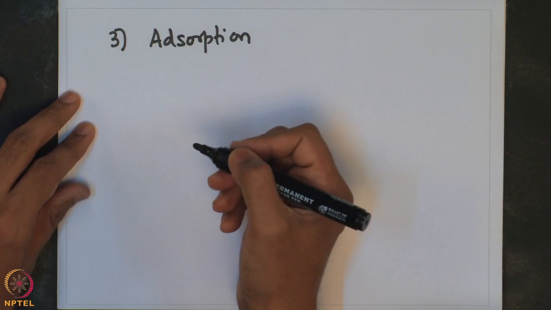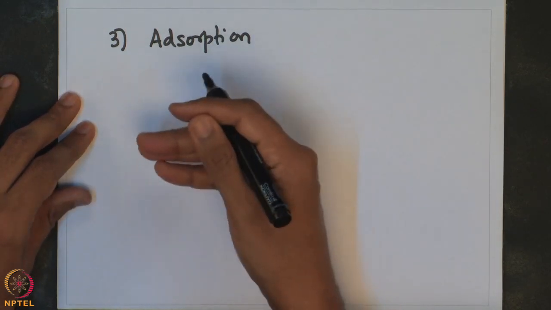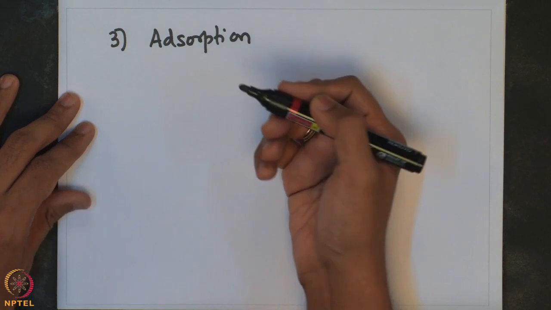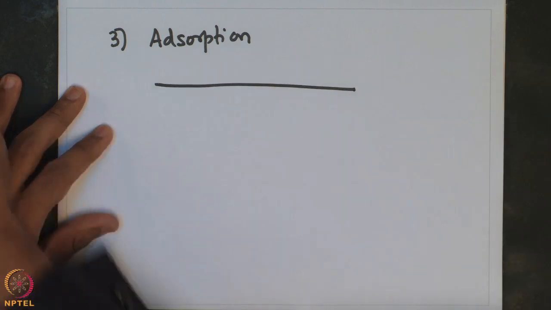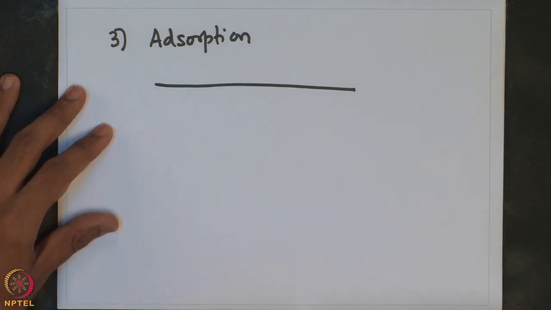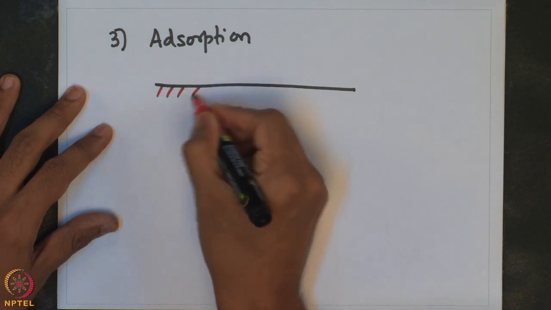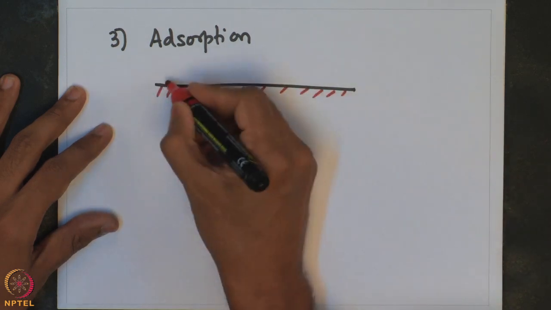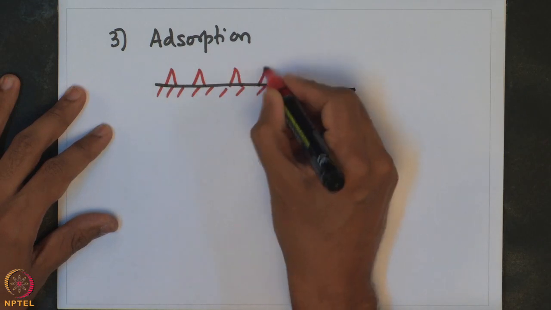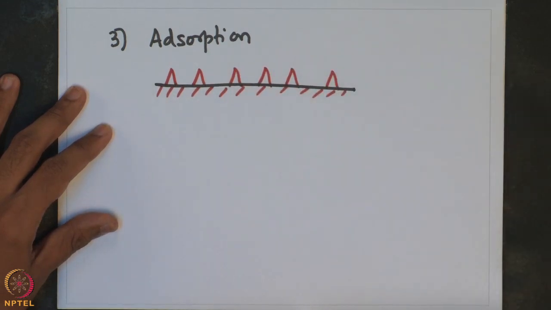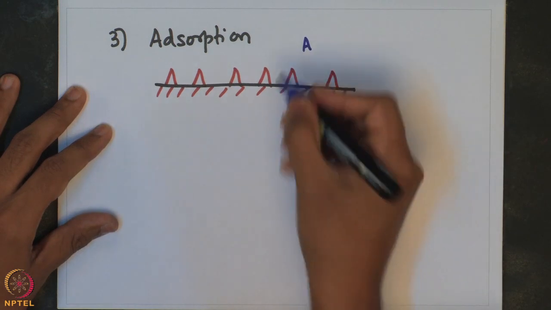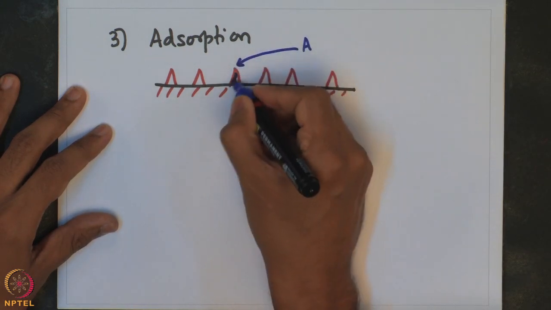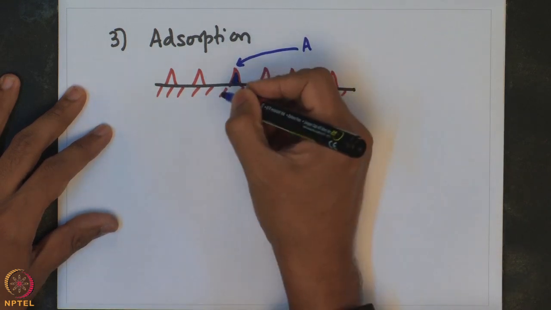We want to find the rate at which the species are getting adsorbed from the gas phase onto the solid surface, and we drew a cartoon in the last lecture. If this is the surface of the catalyst, and there are these sites where the species can adsorb, let us say the empty hats are the vacant sites, and species A, which is a gas species, comes and adsorbs onto one of the empty sites, and let us represent it by a filled hat.